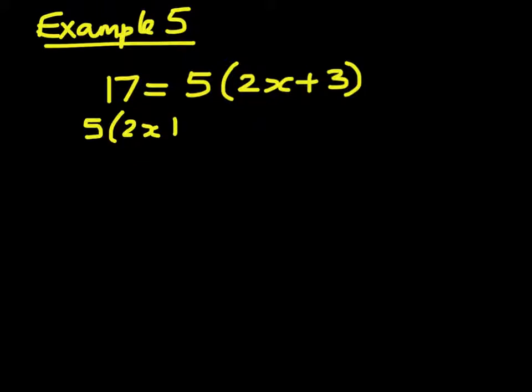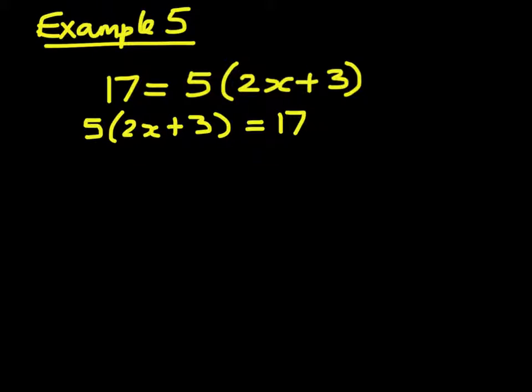So instead of 17 equals 5 bracket 2x plus 3, we can write 5 bracket 2x plus 3 equals 17. And from here, we can solve using either of the two previous methods.